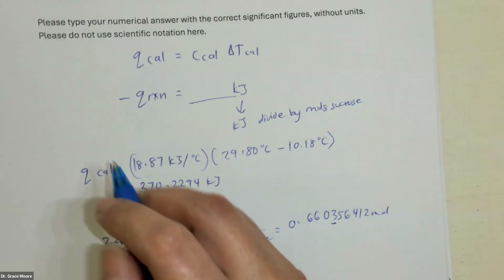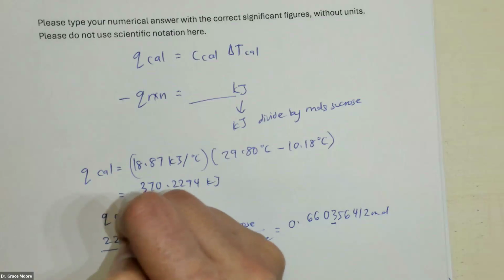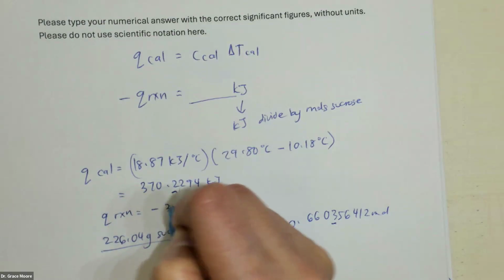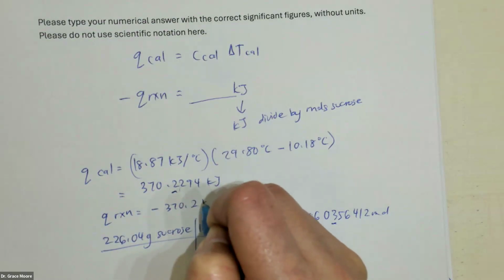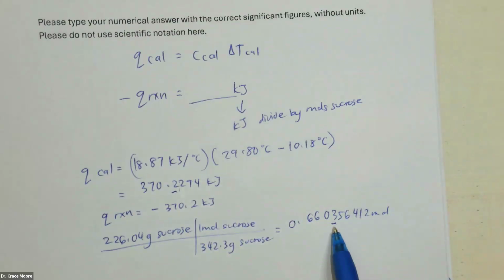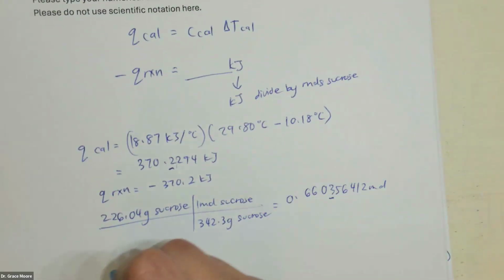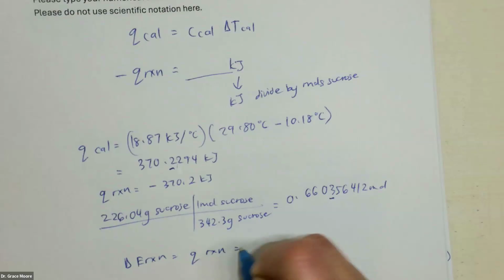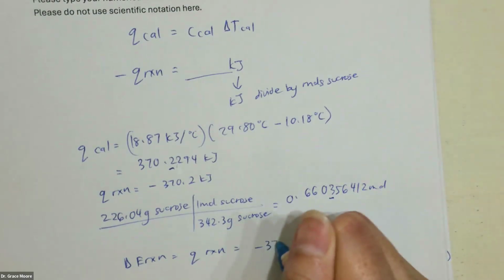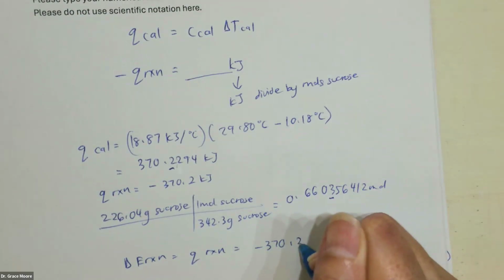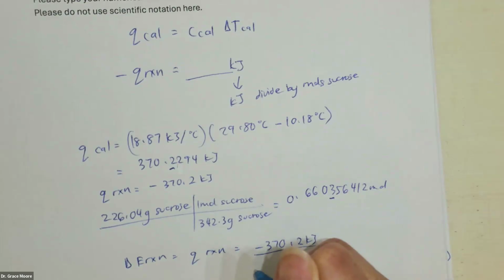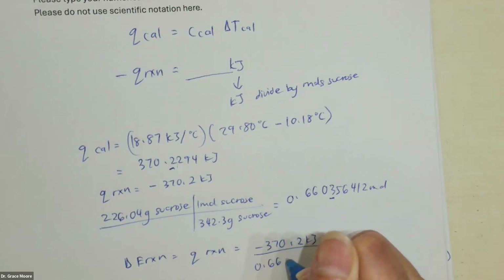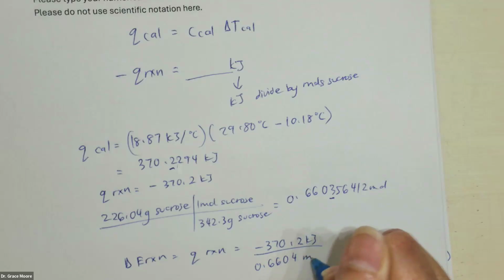And just remember the Q reaction is going to be negative. So let's write it down first, negative 370.2 kilojoules, and then you divide it by the moles. So the delta E reaction is the same as Q reaction, and that is negative 370.2 kilojoules divided by 0.6604 moles.